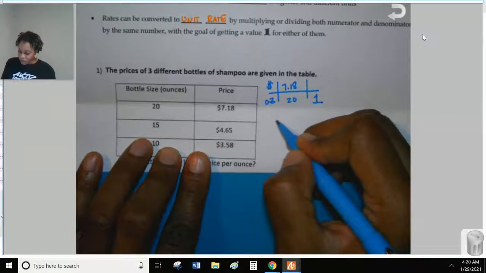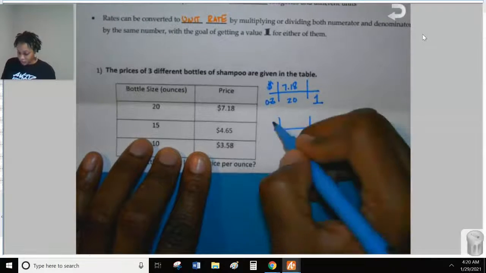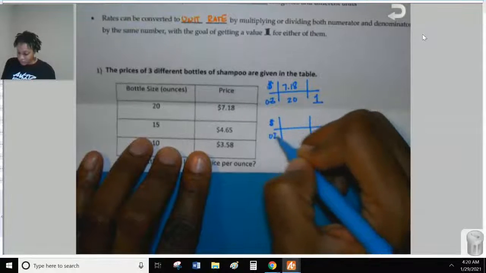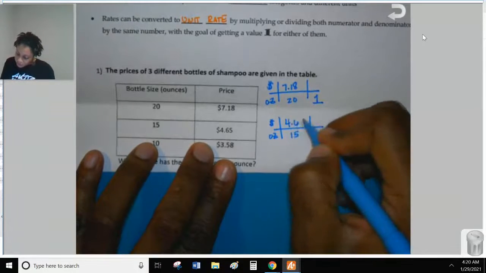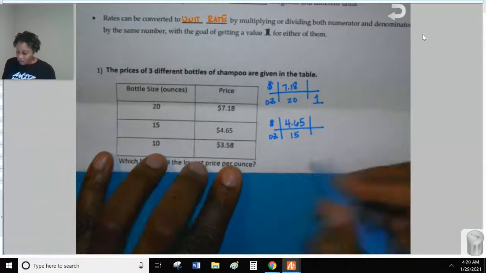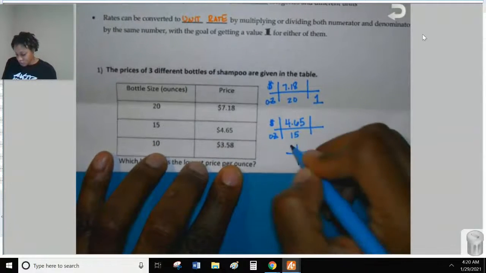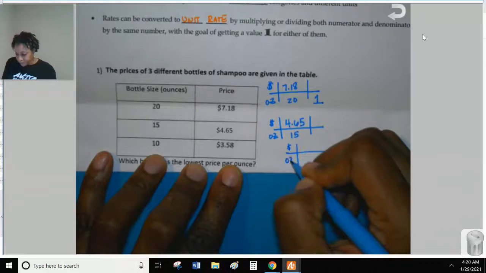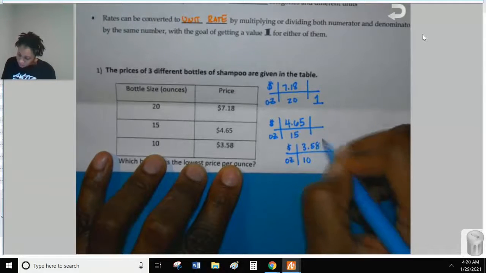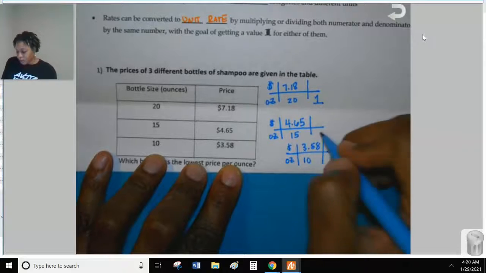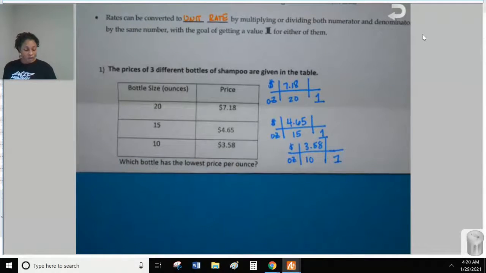Then I would set up an H chart for the next one, 15 and $4.65. And then finally, my last H chart for the 10 ounce, which is $3.58. Remember, we want all of these to be 1. We're trying to find the unit rate, how much we're paying per ounce.